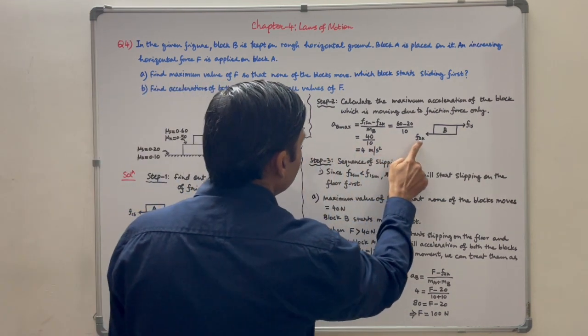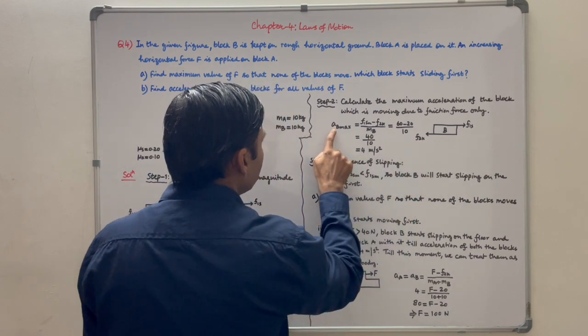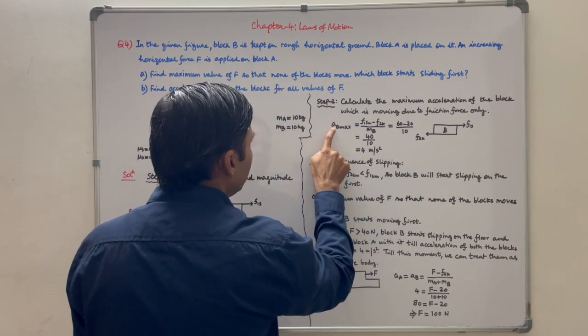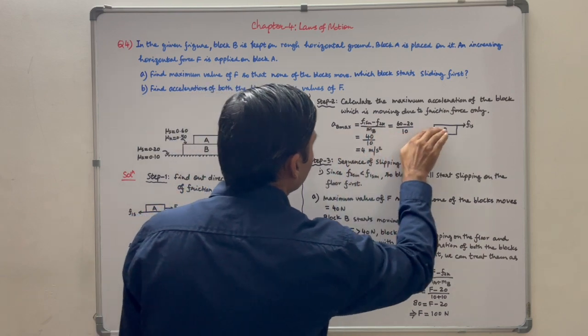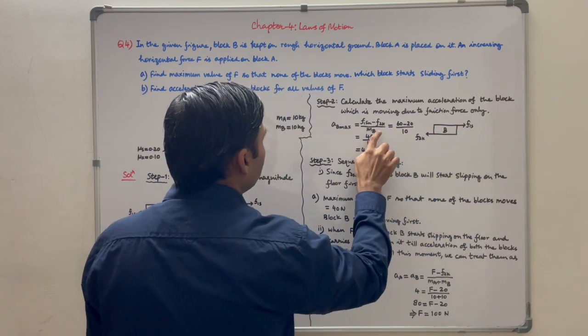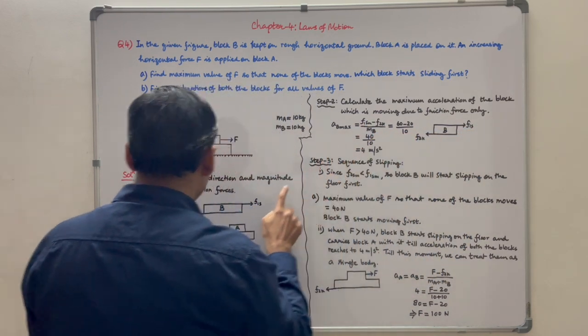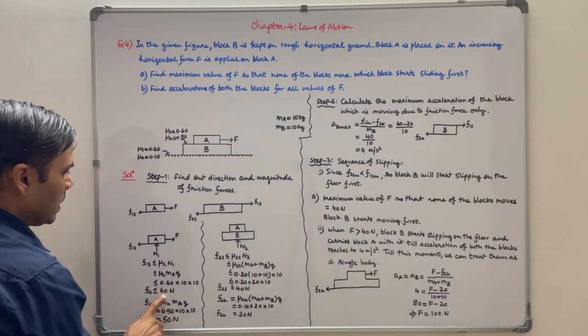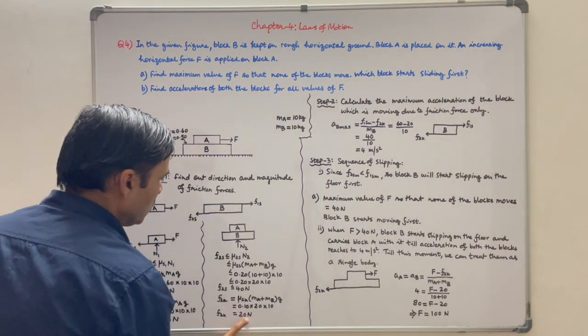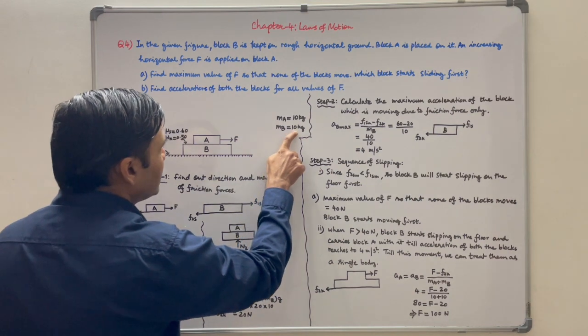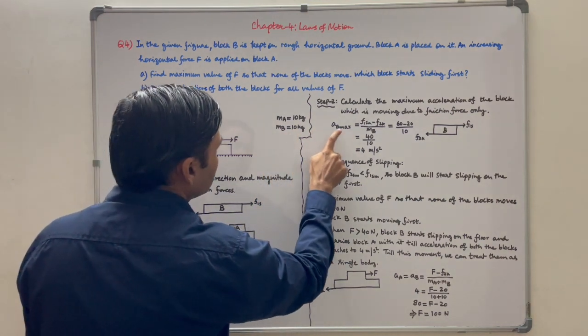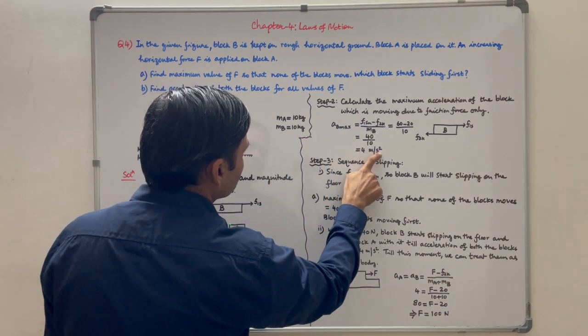It is represented by F2k. So the maximum acceleration of block B is given by AB max is equal to (F1sm minus F2k) upon MB. F1sm we have calculated as 60 Newton and F2k is equal to 20 Newton. MB is 10 kg. So AB max is equal to 4 meter per second square.